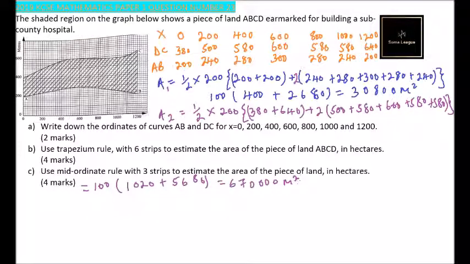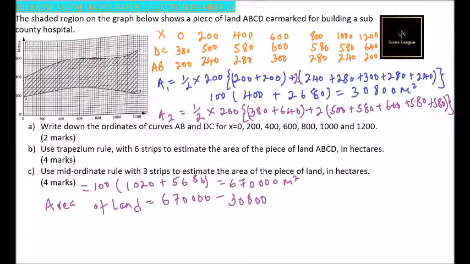So that is the area under DC, and therefore we can now get the area between AB and AD. So the area of the land is equal to the area under DC, 670,000, minus the area we found under AB, which was 308,000.